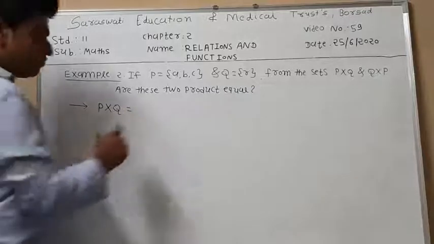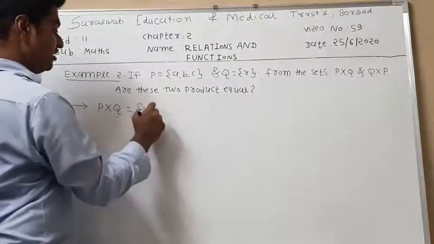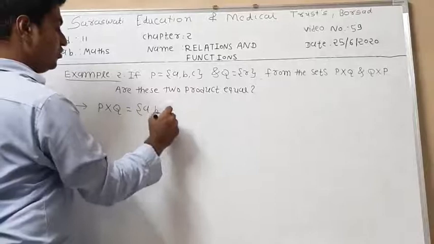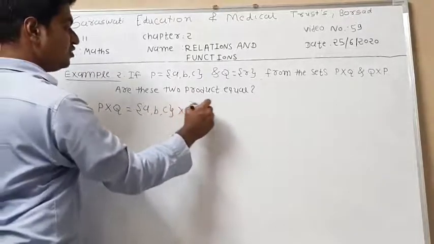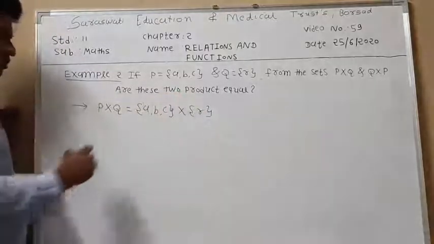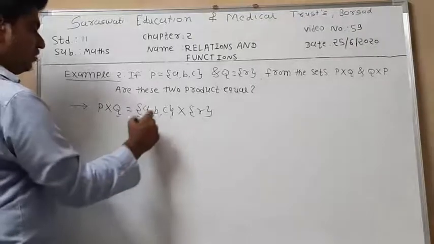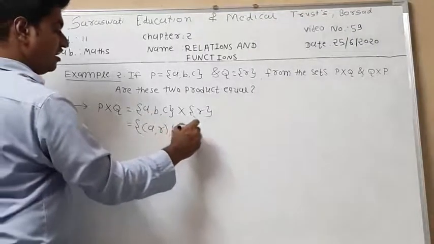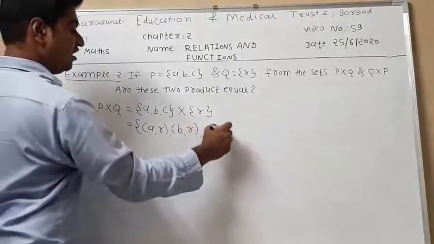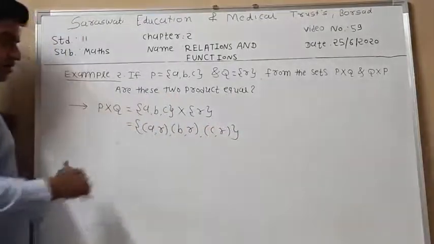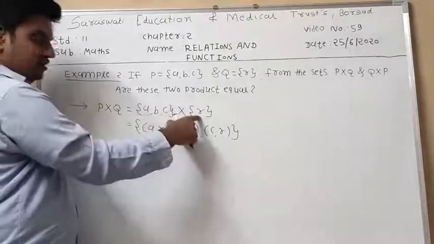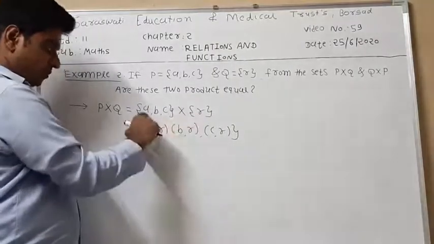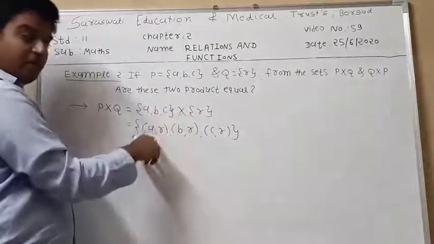So first of all, find out P Cartesian product Q. P Cartesian product Q, that means here we can write {A, B, C} Cartesian product {R}. So it is equal to the set {(A, R), (B, R), (C, R)}. Here the first element is A and there is only one element R, so we can write ordered pairs.